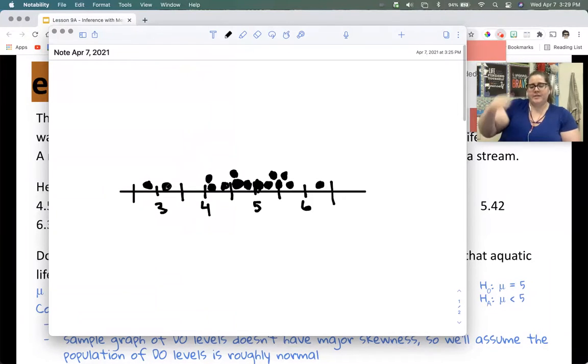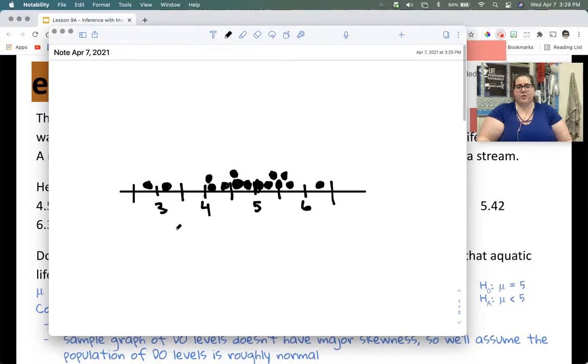But a major obvious skew on an example like this would be maybe a DO level of like 7 or 8 or 9 or 10 or something that's really far removed from the rest of the data. That might give me a clue that this population might be a little skewed to the right. But this data is pretty well contained and I don't see any major obvious skewness. So I think I'm going to say we're safe to go. So that's what that would look like.